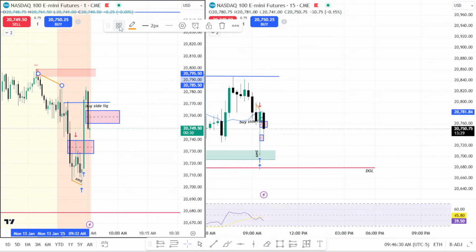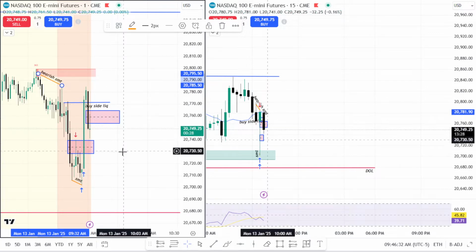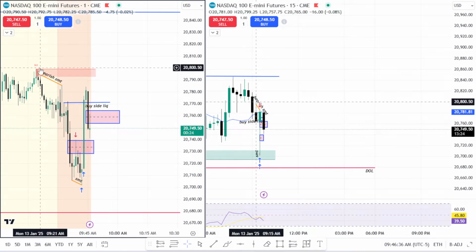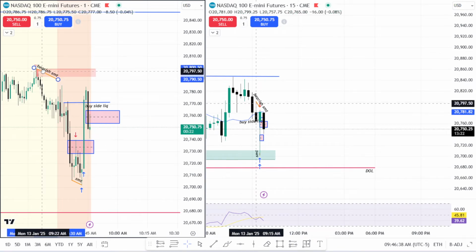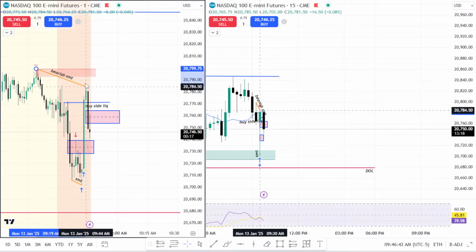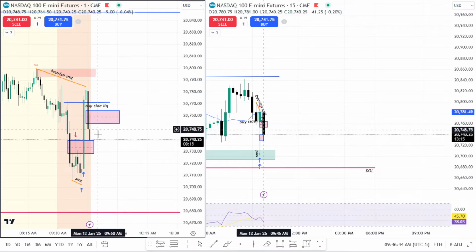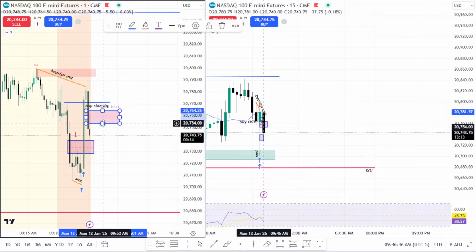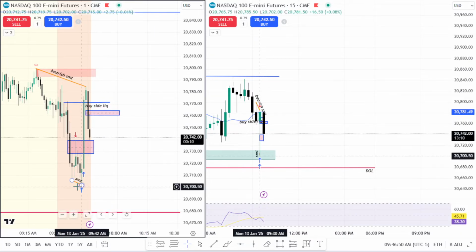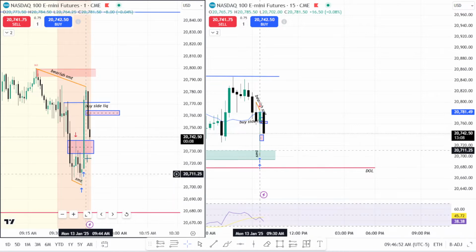SMT here, bears. This is a bearish SMT between here and here. This high, boom, bearish SMT here. These levels here, liquidity. Looking to target these lows, and this is still my draw on liquidity.